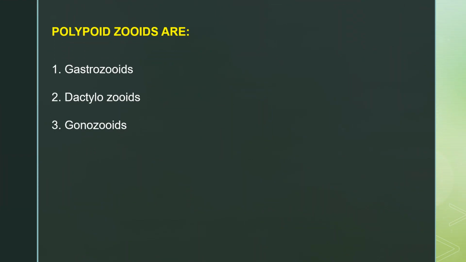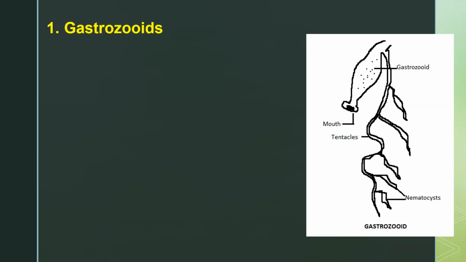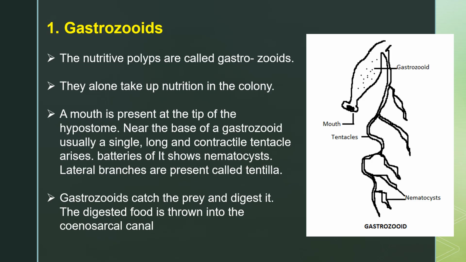Polypoid zooids are gastrozoids, dactylozoids, and gonozoids. Gastrozoids are the nutritive polyps and they alone take up nutrition for the entire colony. If you see this picture, a mouth is present at the tip of the hypostome.